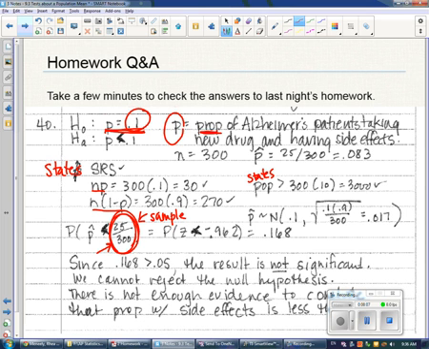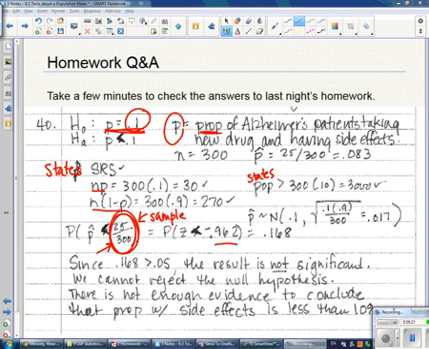When I standardize it, we get a z-value of negative 0.962 and then a p-value of 0.168. Since 0.168 is greater than 5%, the result is not significant. That means we cannot reject the null hypothesis. We do not have enough evidence to conclude that the proportion with side effects is less than 10%. So there's no evidence that this drug is reducing side effects.